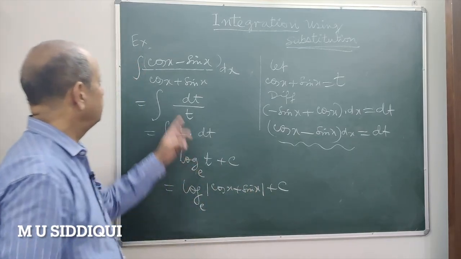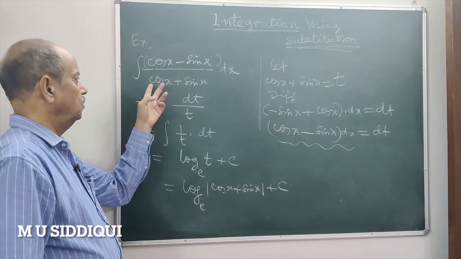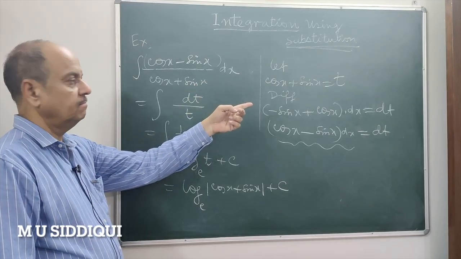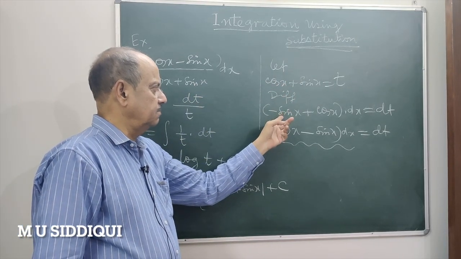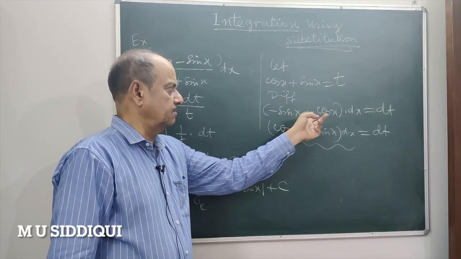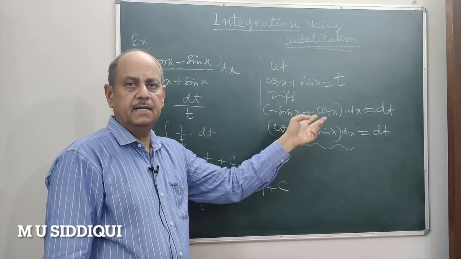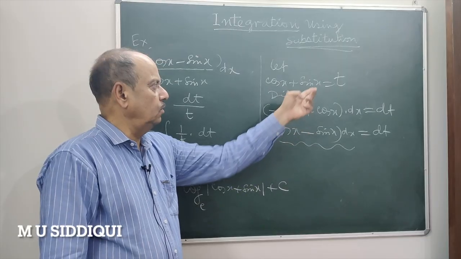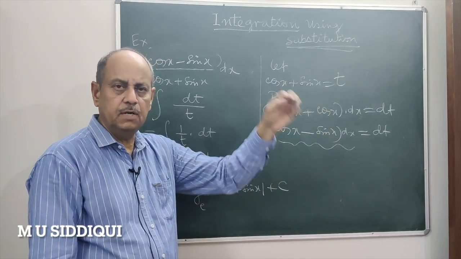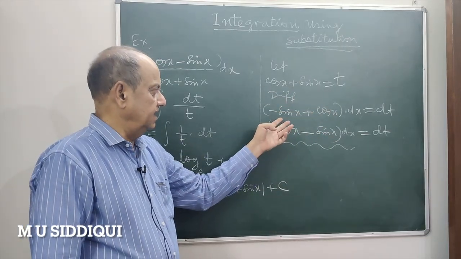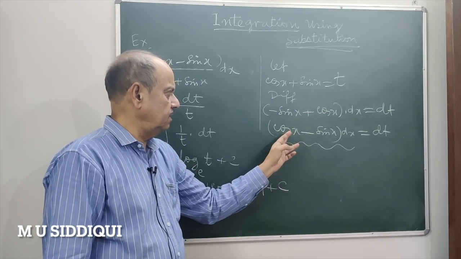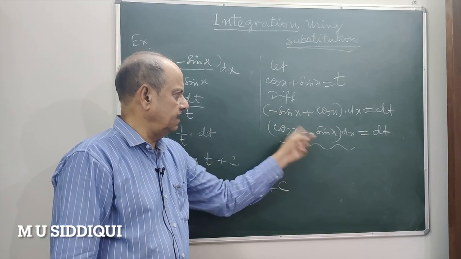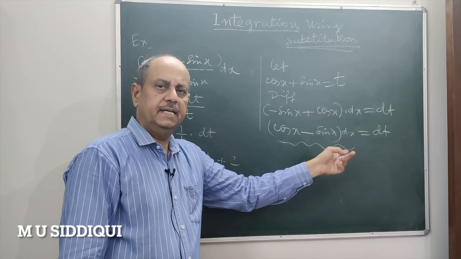I repeat once again, this was the question. We assumed the denominator equal to t. Differentiating, cos x becomes minus sin x, sin x becomes cos x, put inside the bracket, and mention dx equal to dt. Then rearrange: cos x was positive, sin x is with the negative sign, put inside the bracket, dx equal to dt.